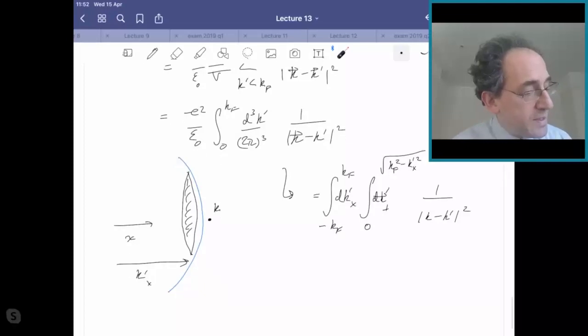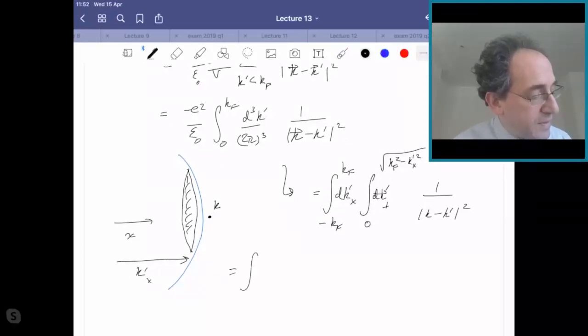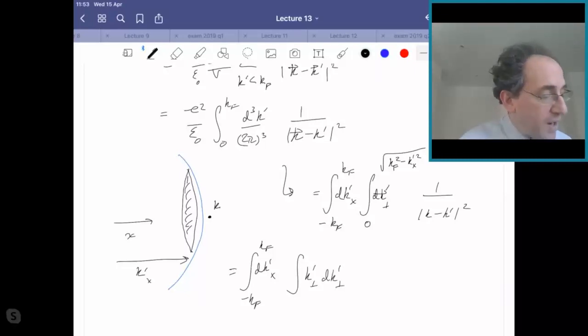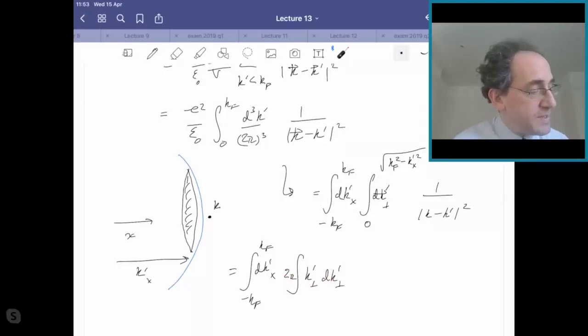So we rewrite this integral as dk prime x from minus kF to kF, and then the integral is k prime perp dk prime perp, and then there's a 2 pi because it's radially symmetric. This is the usual: take a two-dimensional integral and write it as 2 pi r dr instead of d vector.